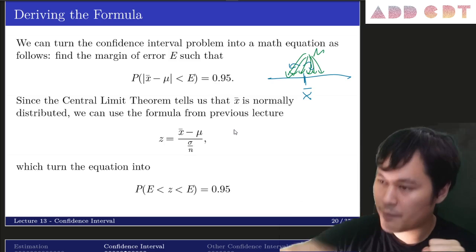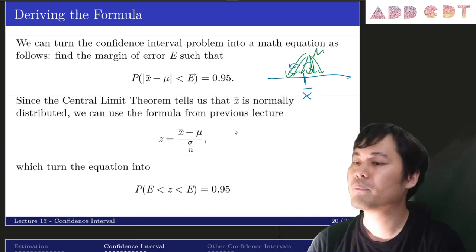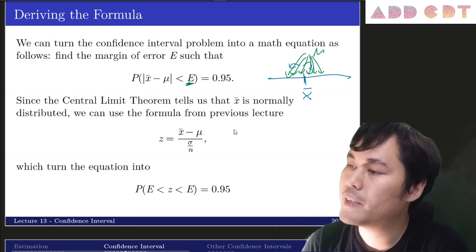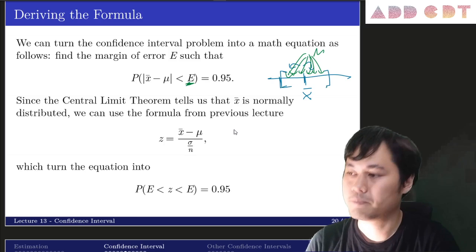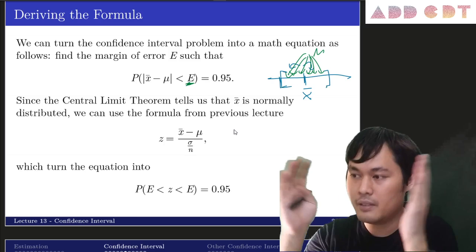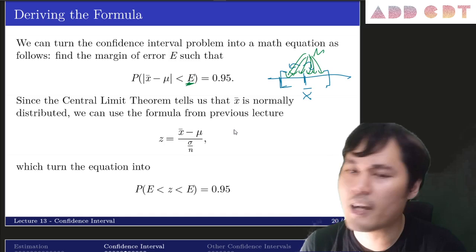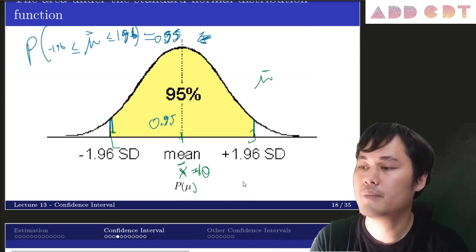We want a pretty high chance that it's not too far from x bar, and the task is to find e, to get the endpoints of the interval such that the area inside this range is about 0.95, and that brings us back to this image.